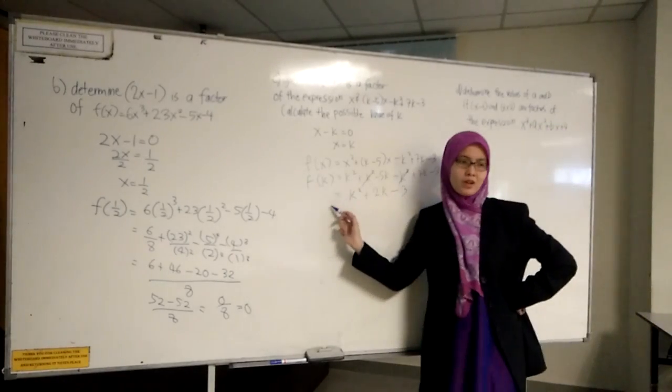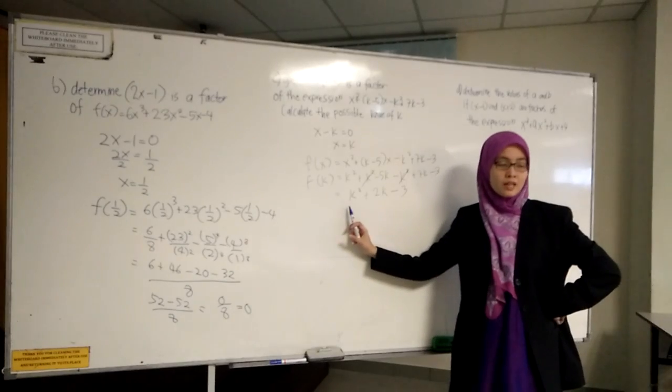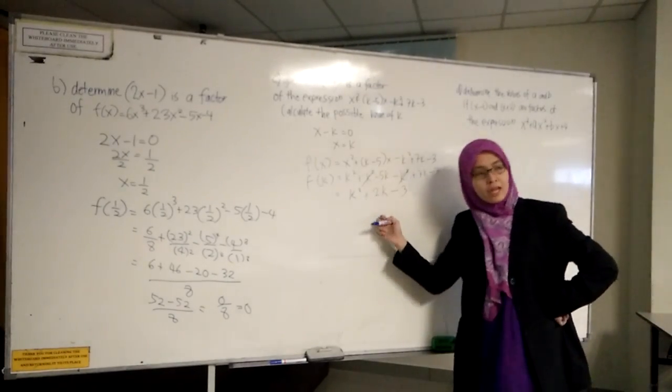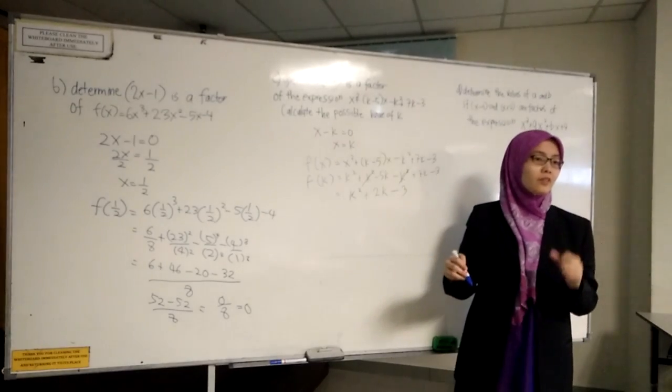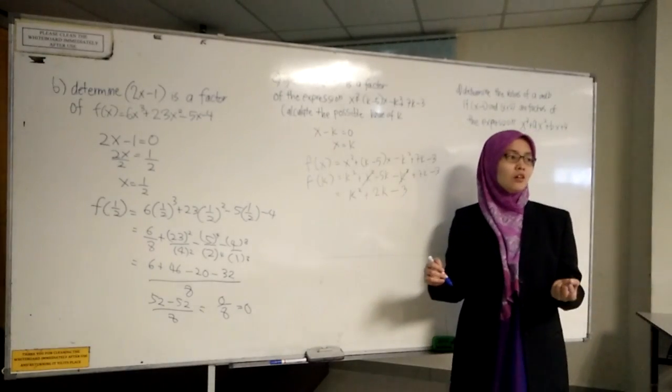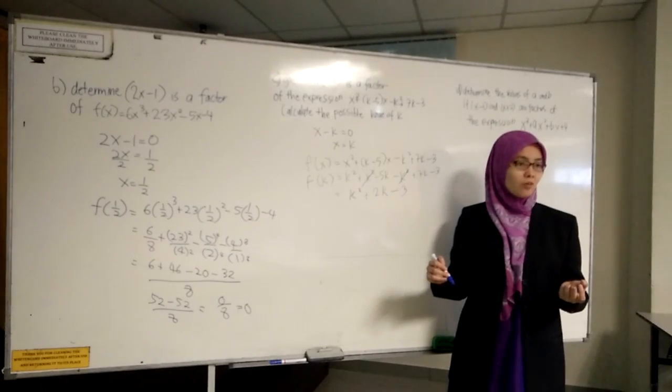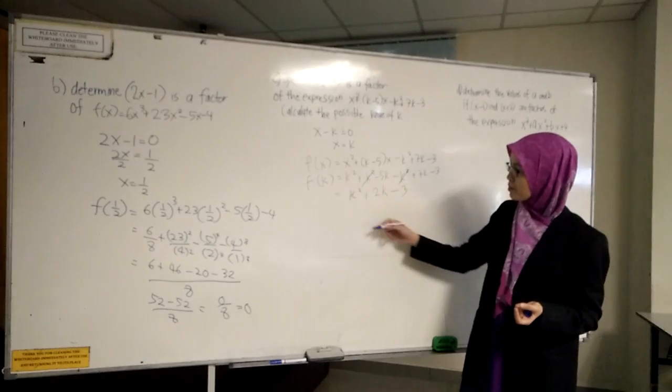Okay, here is very familiar to you, which we call a quadratic equation. So to find the value of k, you can use either factorization or the quadratic formula. Okay, so this is very simple.